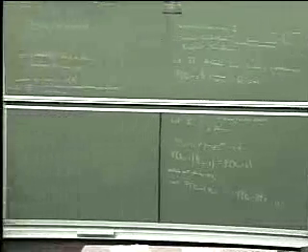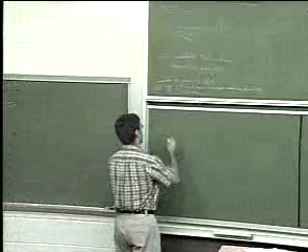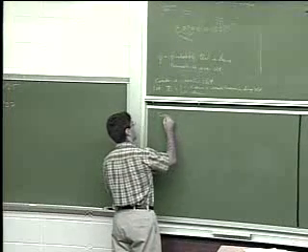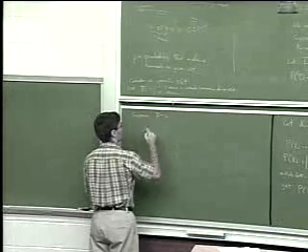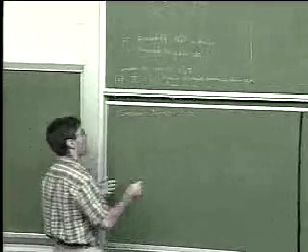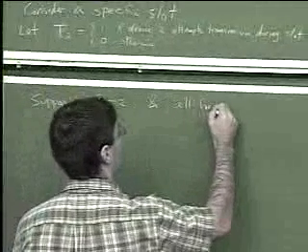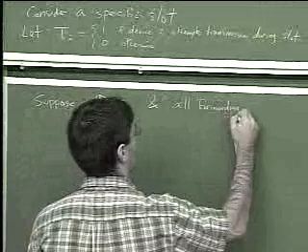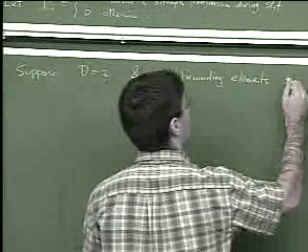Okay, so before we actually start computing these probabilities, let's first think about the scenario. So suppose, let's say E equals 2. Okay, and all forwarding elements are hubs.